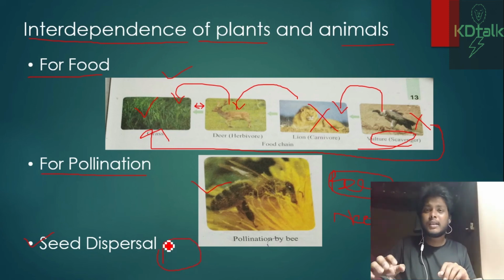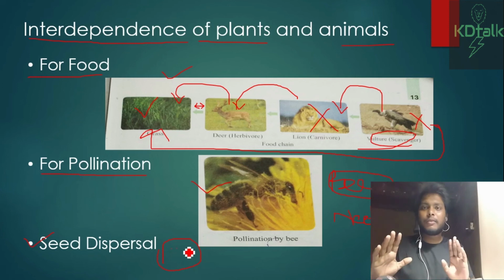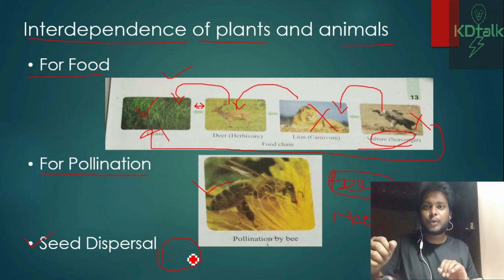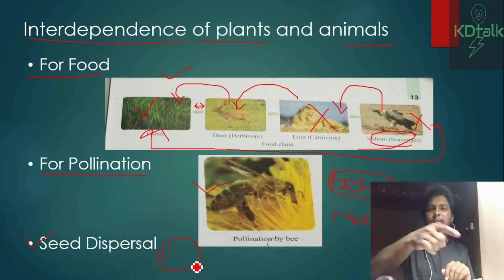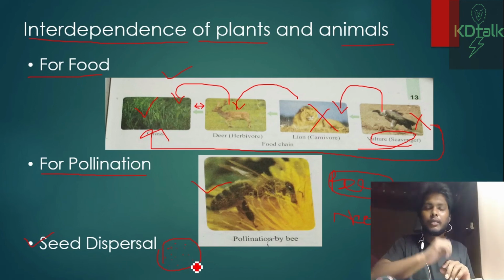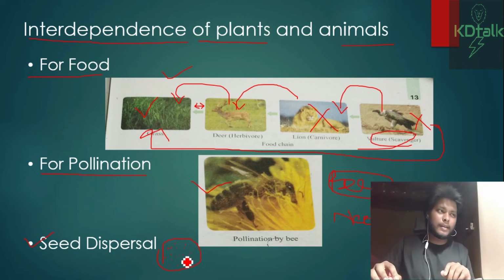Seed dispersal means if a plant produces so many seeds, and these seeds are thrown in a specific small region, then there will be scarcity, meaning deficiency of water, nutrients, and sunlight, and there will be competition, and most of the plants will die.